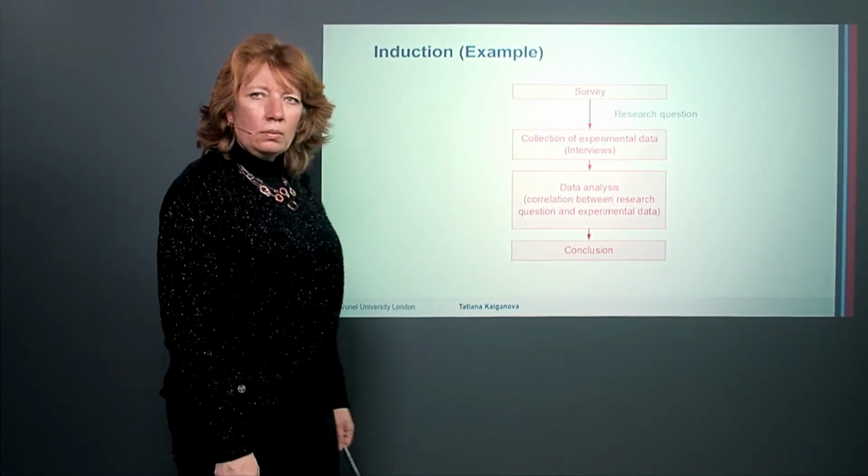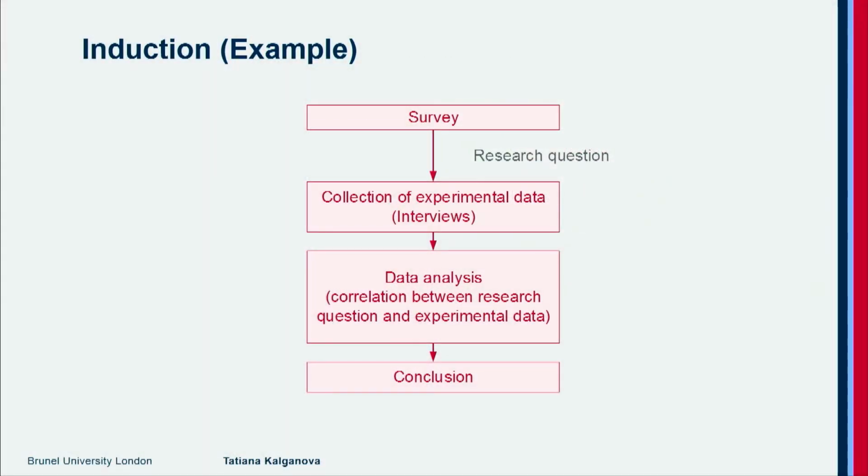For example, I'm doing some social sciences research. In many cases, my social sciences research will start with a literature review, a survey. This will generate a research question. This research question will lead to collection of the data. For example, my collection of the data can be done via interviews.